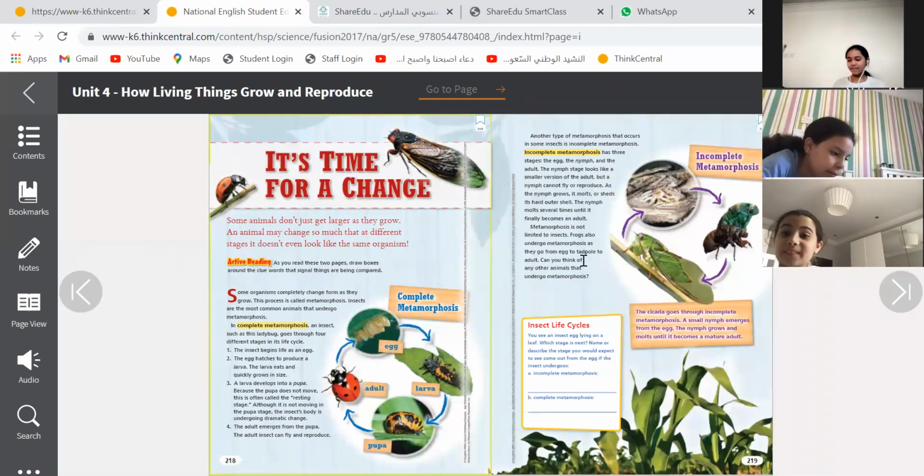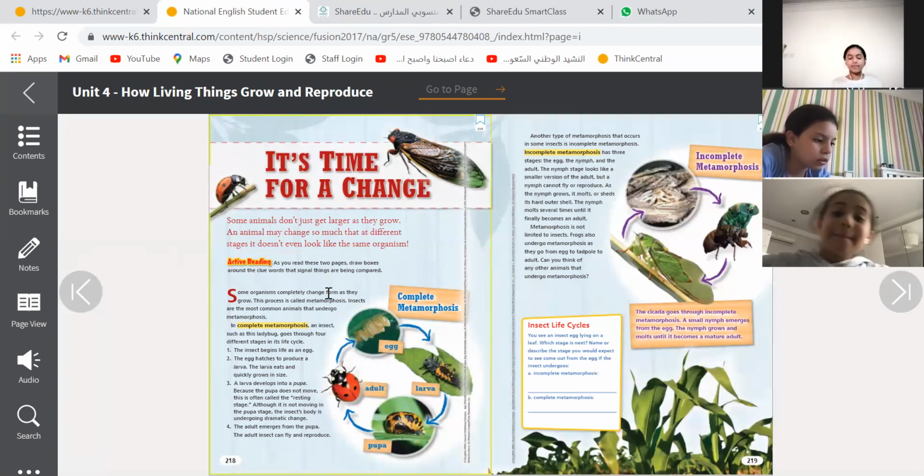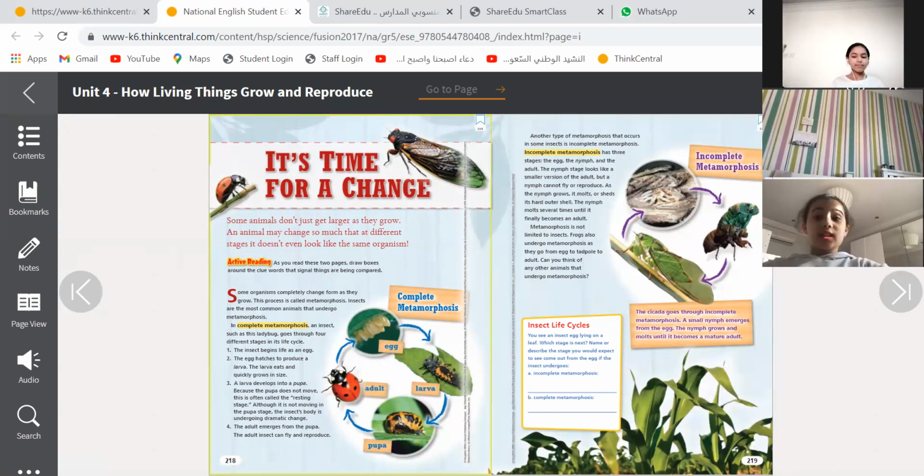And as we said before, these are the changes that an animal can go through, just like a ladybug. Look at the ladybug. It goes through 4 different changes. The life cycle is the stages it takes: egg, then larva, then pupa, then adult.